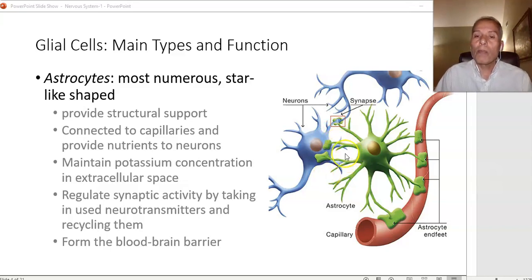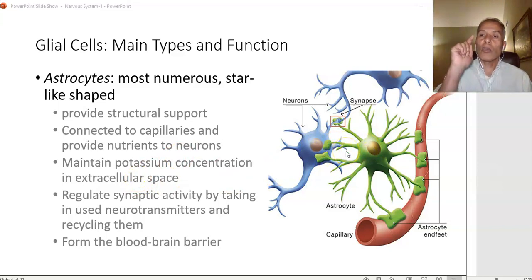This will ensure that potassium levels, when they are too high, do not leave other areas without enough. Too much potassium is going to lead to less efficiency in the energy. So the astrocyte will absorb the extra potassium.